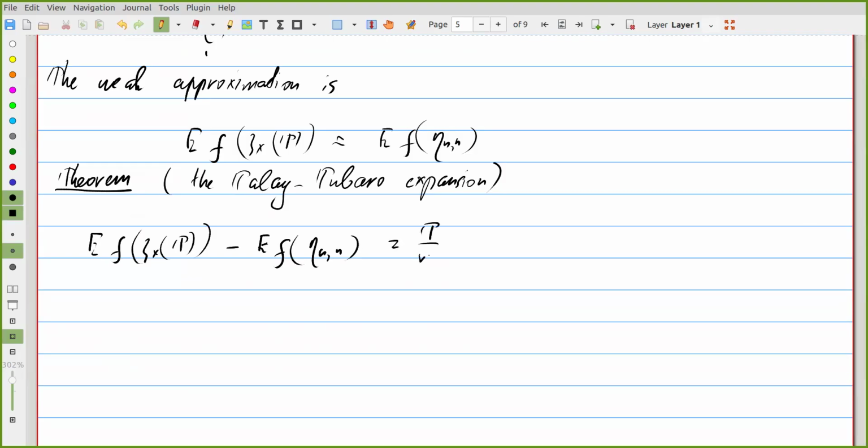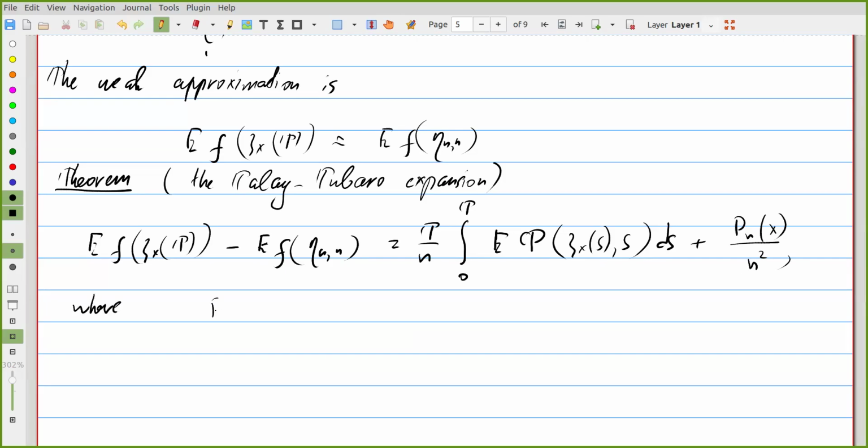This is T divided by n times some mathematical expectation of some function that depends on ψ, X_s and s, ds, plus something in terms of x, the starting point, divided by n squared, where P_n(x) satisfies this estimate for some positive p.